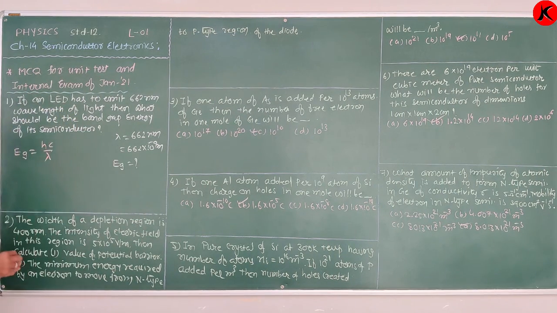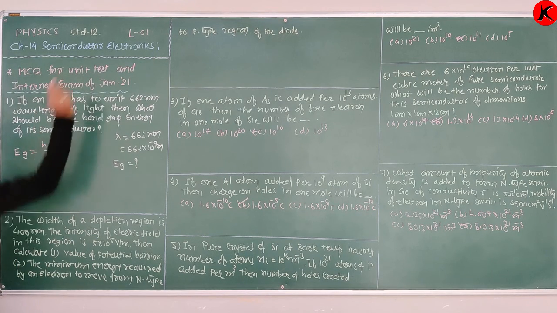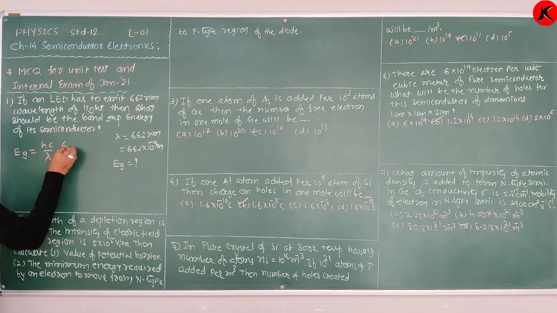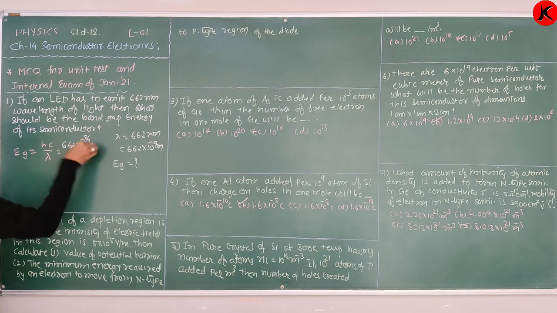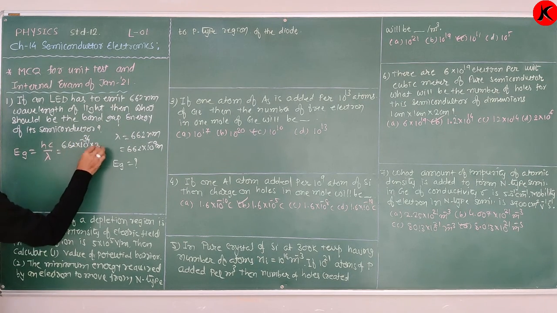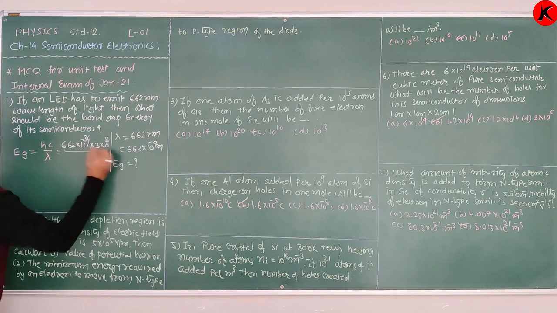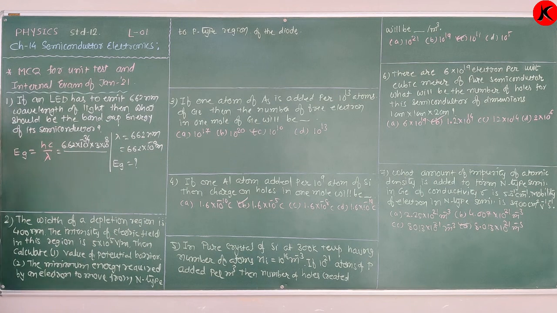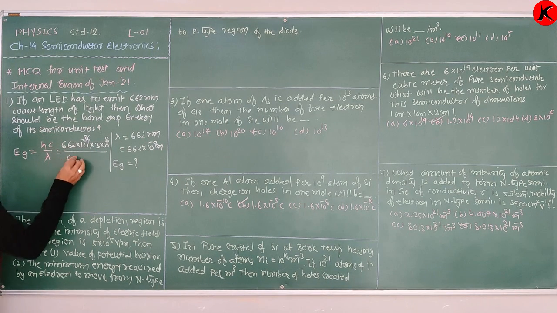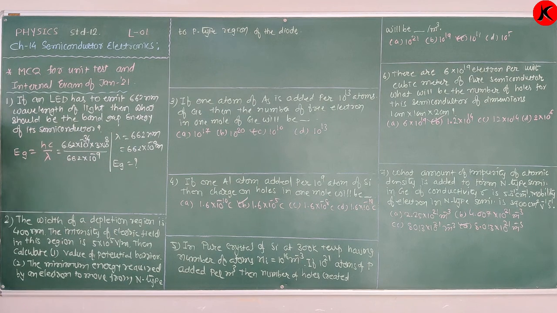we obtain the band gap energy in electron volt. Therefore, the value of h, Planck's constant, 6.62 into 10 to the power minus 34 joule second, into c, 3 into 10 to the power 8, that is the speed of light in vacuum, and lambda is given as 662 into 10 to the power minus 9 meter.